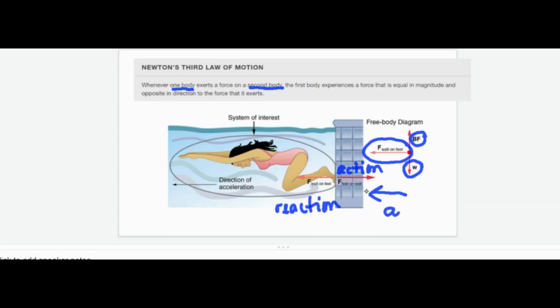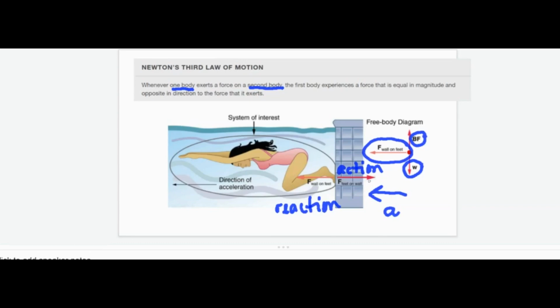The feet are exerting a force on the wall, and the wall is exerting a force on the feet. So these two forces are not acting on the same object, just like in a free body diagram, like what we do.